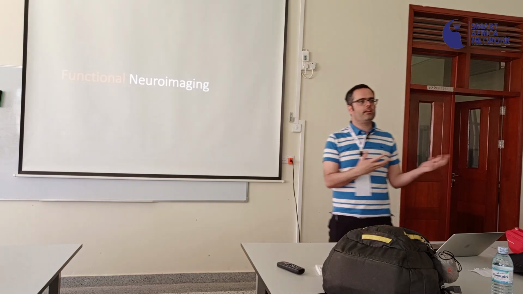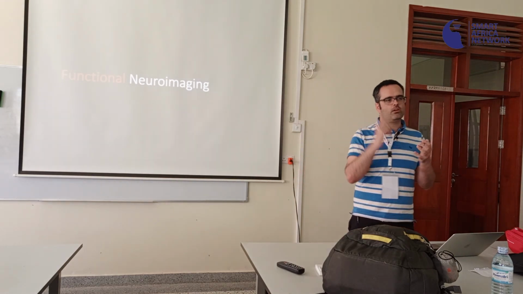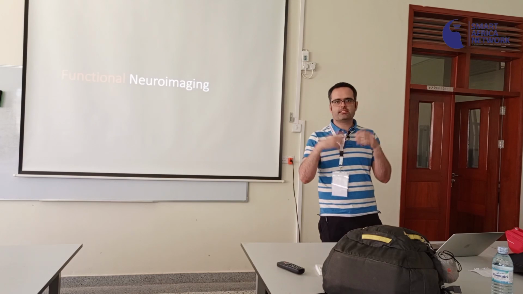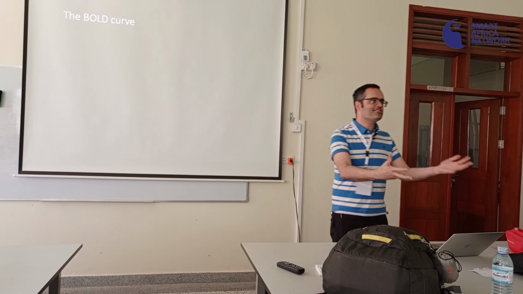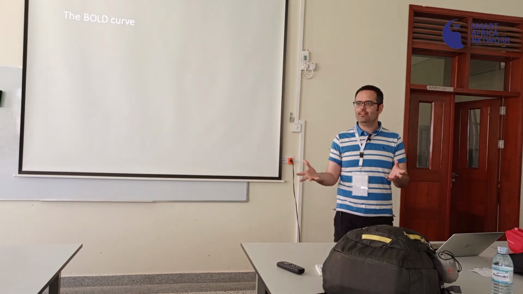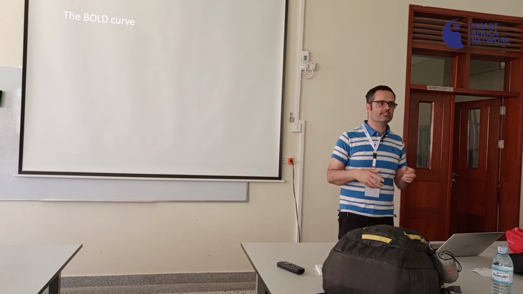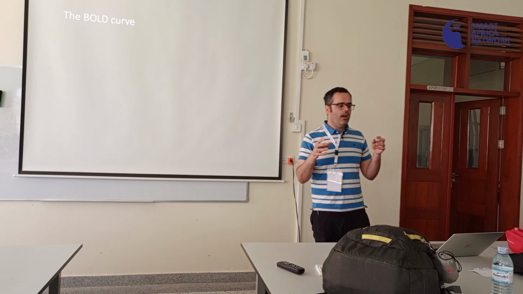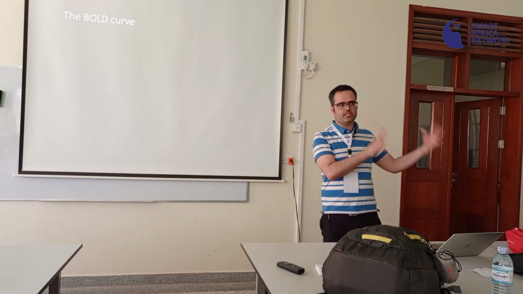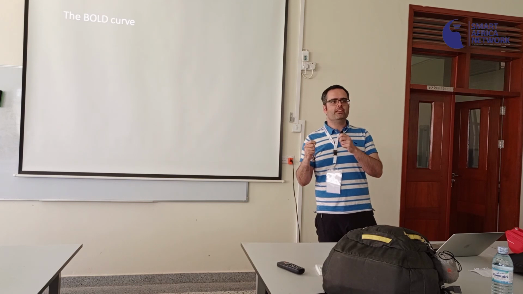So how did we plan to do this? We wanted to use functional neuroimaging because it is not invasive and it can tell us something about how the brain functions. Now, how do we use MRI to tell how brain function works? Firstly, we need high-field MRI, at least currently. We use that, but we also take advantage of a property of the brain, that the brain is actually a very lazy organ.